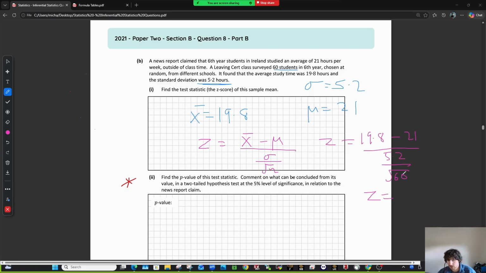So when I type that in, I get a z-score that is not significant of 1.79. So what you would state here is that minus 1.79 is actually greater than minus 1.96. Okay, we therefore do not reject H0, which means it's not. It's another way of saying it's not significant.